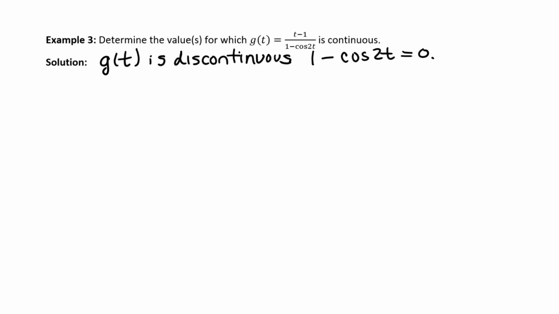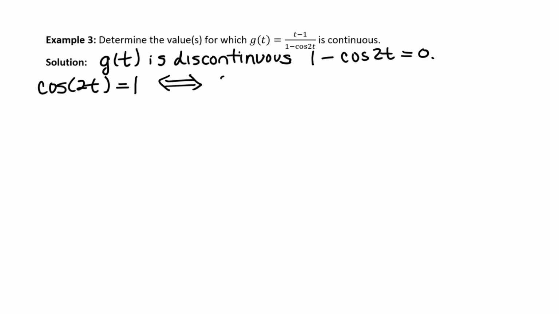Let's solve the trig equation 1 minus cosine 2t equals 0. To solve that, let's isolate the cosine 2t, and that would equal 1. The question to answer here is, what values of cosine equals 1? Well, we know it happens at 0, at 2 pi, at 4 pi.